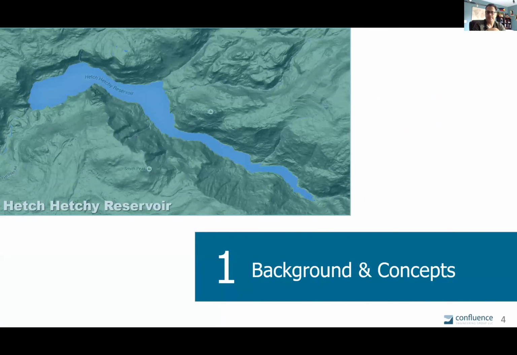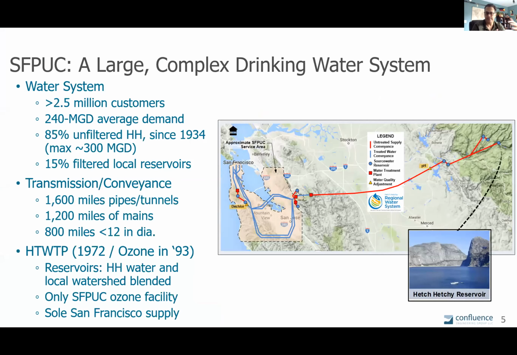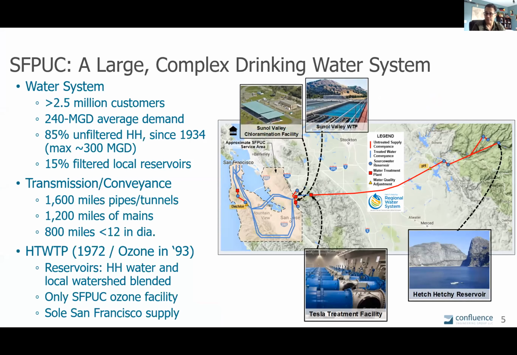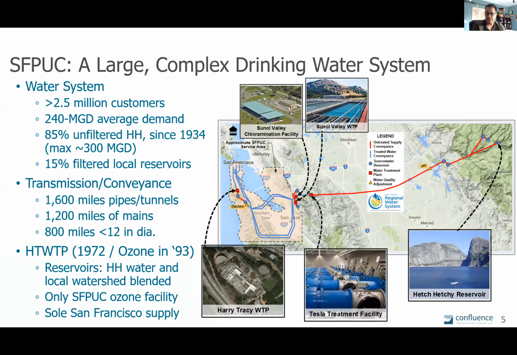So, some of the background and concepts. The PUC operates a very large system. We're talking about Northern California here, of course. It's a system that supplies more than 2.5 million customers and has a varied portfolio of unfiltered surface water supply, as well as filtered surface water supply and groundwater.